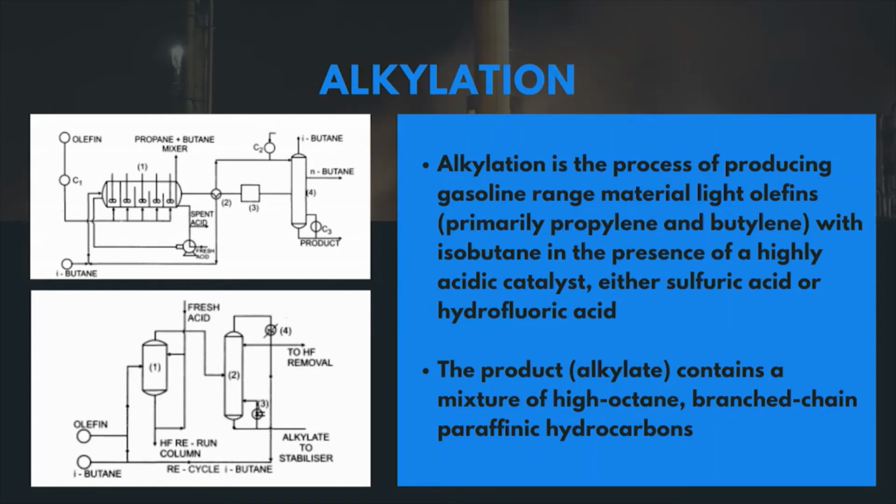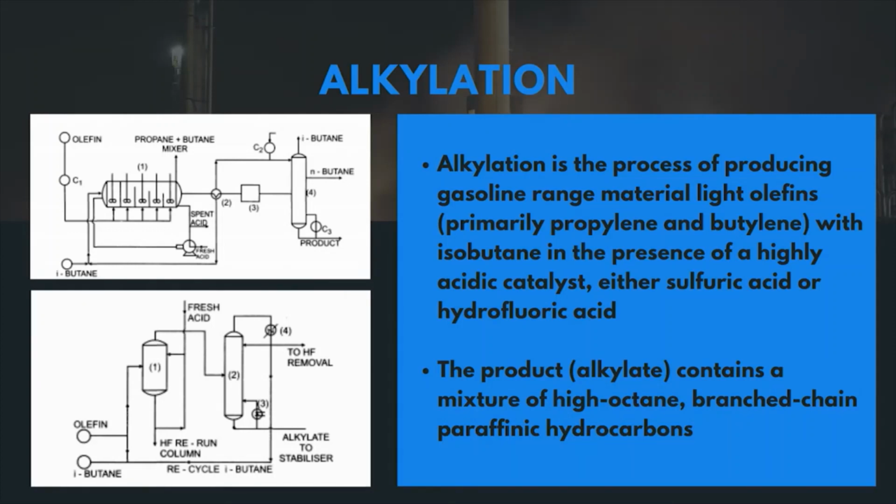So, the next one is known as alkylation. The alkylation unit is where gasoline-range material is produced from light olefins, primarily propylene and butylene, with isobutane in the presence of a highly acidic catalyst, either sulfuric acid or hydrofluoric acid.